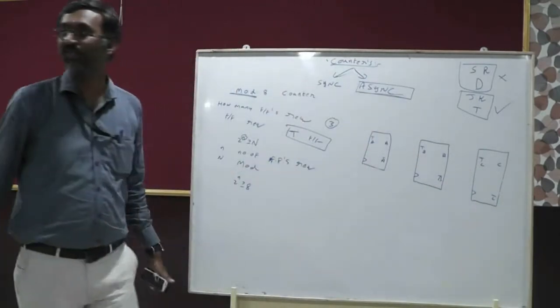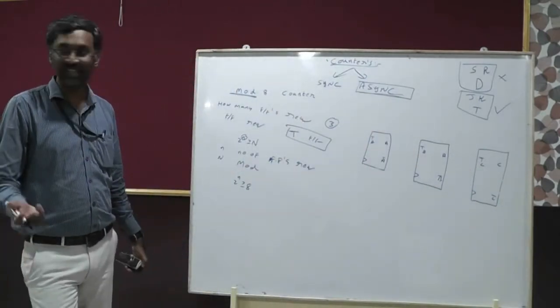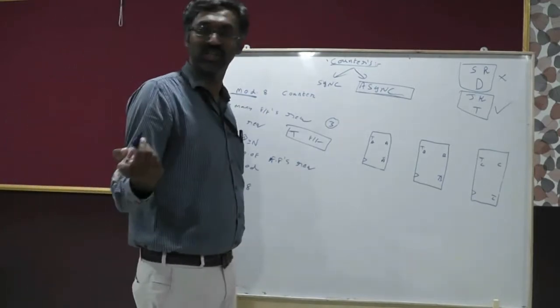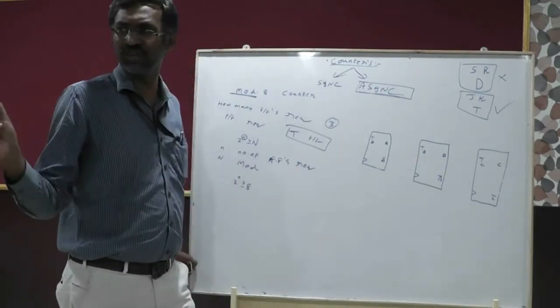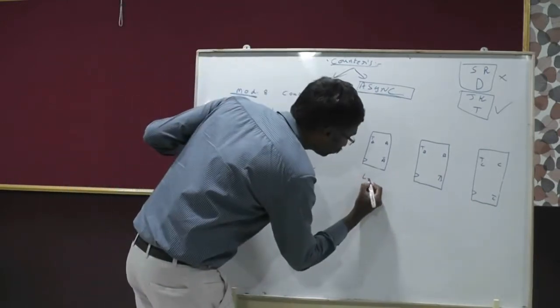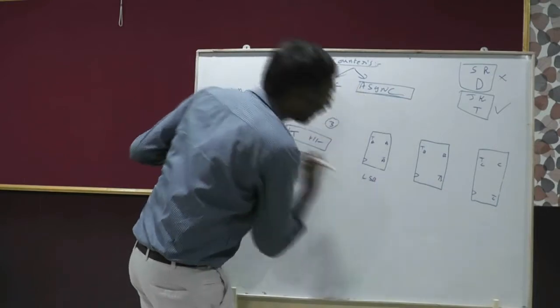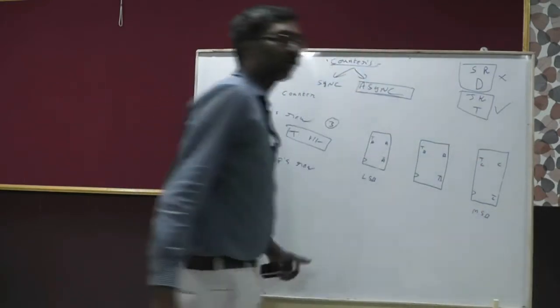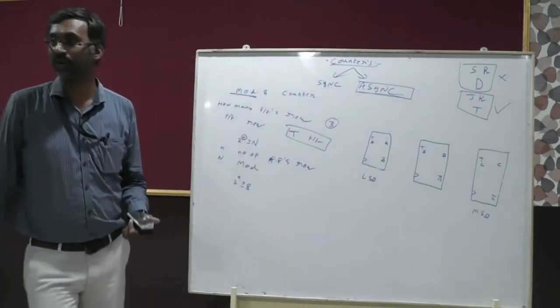In this, we have to choose which one is the LSB and which one is the MSB. A or C? We can choose any one, and based on that we can give the remaining connections. So I am going to choose this one as the LSB and this one as the MSB.